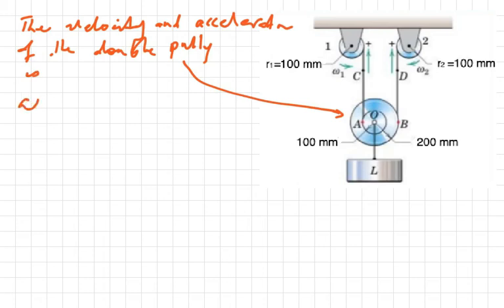We can compute this as omega equal to the velocity of B, vB, over the line AB.